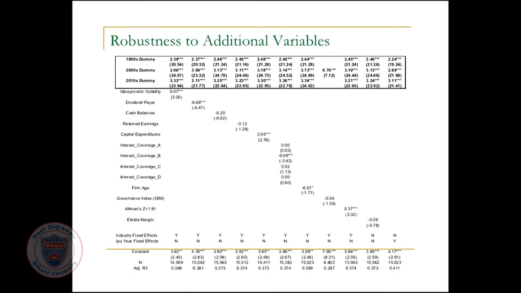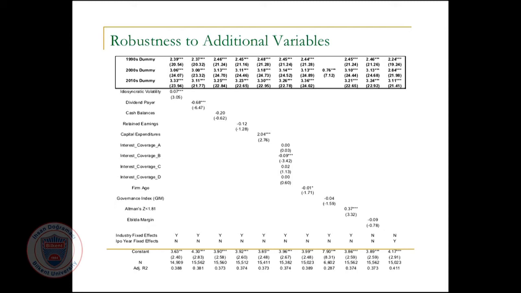Okay, so another criticism can be that, what if you have a missing variable in your analysis? Of course, this is a general concern for all studies. But to alleviate those concerns, we look at several additional variables that are potentially related to covenant use.